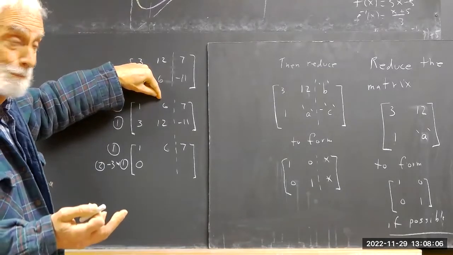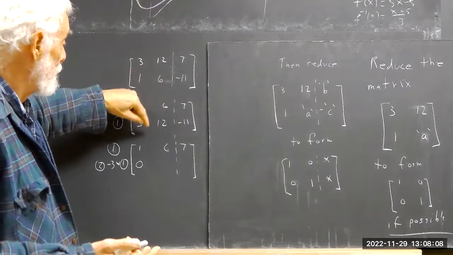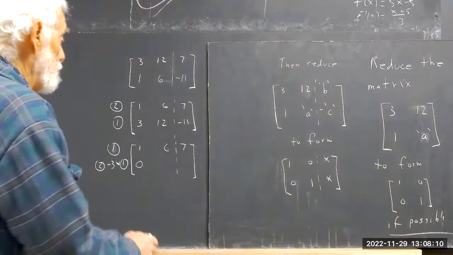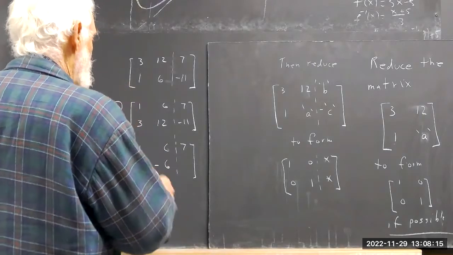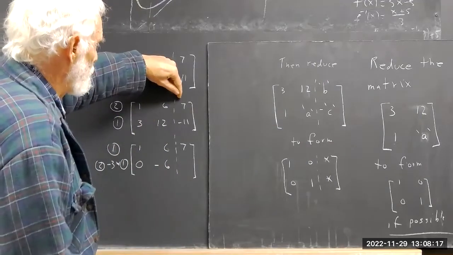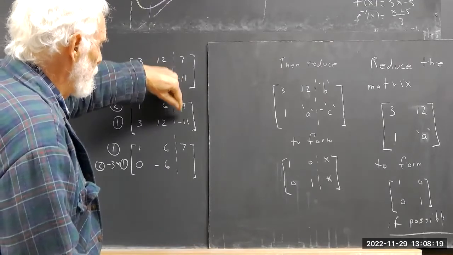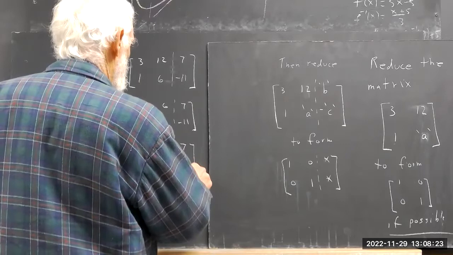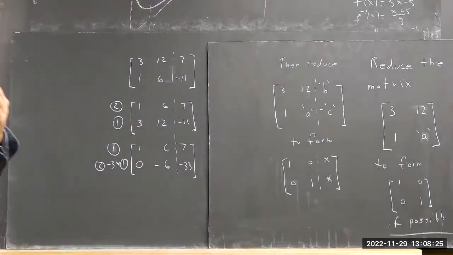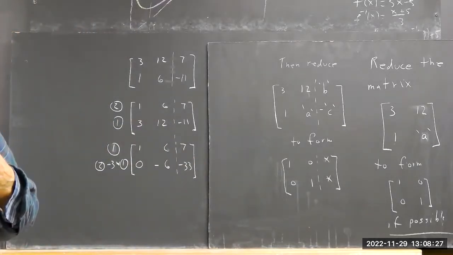It's -18. And add that to 12, I get -6. And then -3 times 7 is -21, added to -11 gives me -33. Fair enough?